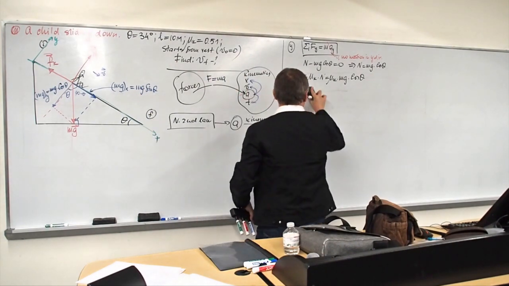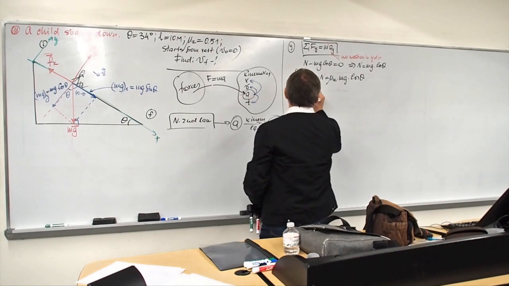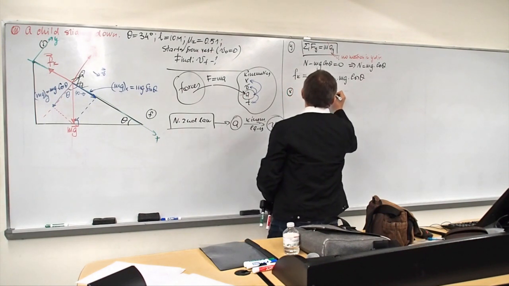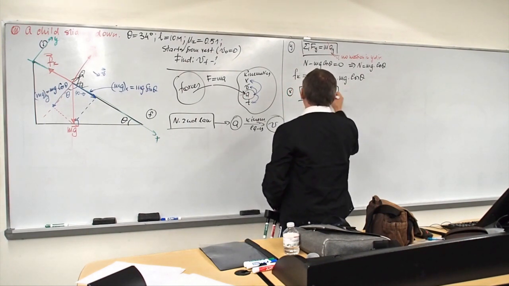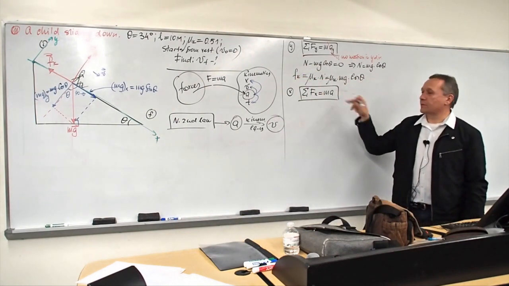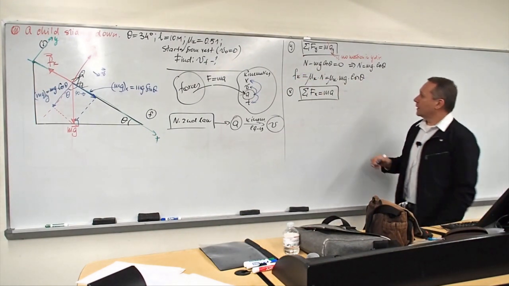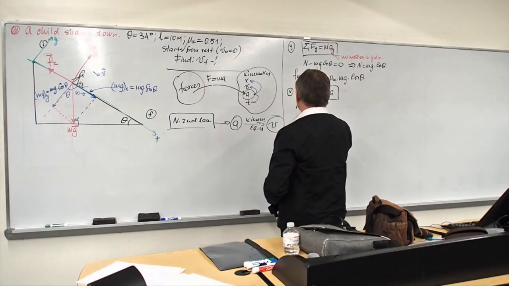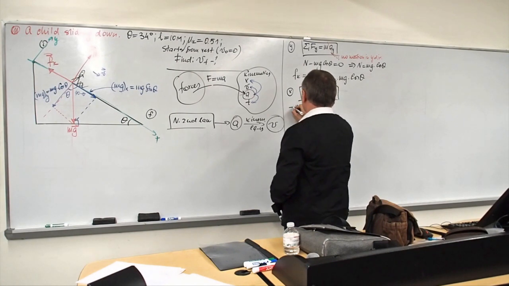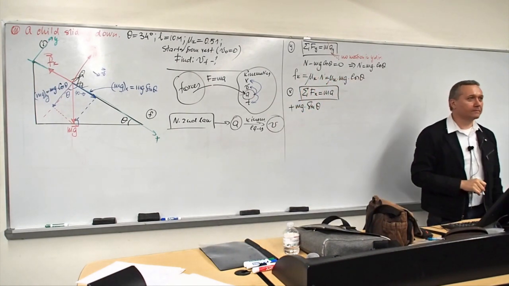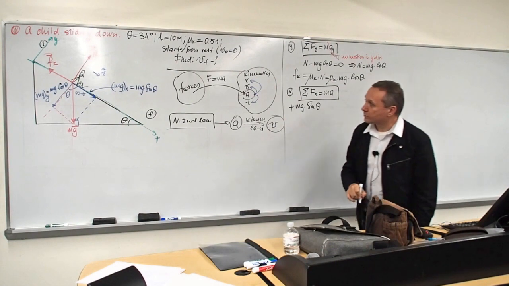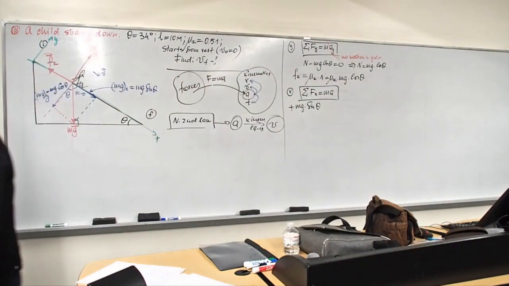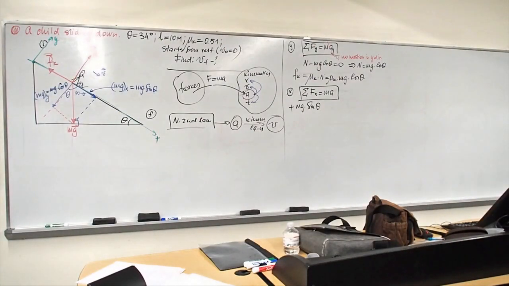Now let me write first the universal stuff. Fx equals ma, I will drop the subscript x. So what? mg sine theta, and I will emphasize positive, plus. What else acts in the x direction? Friction force, negative.